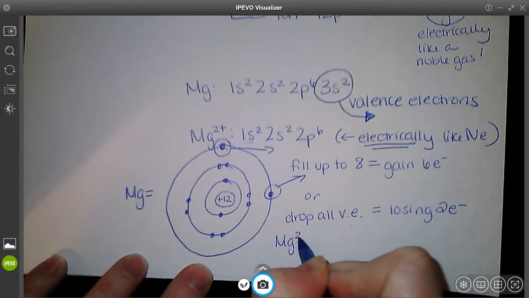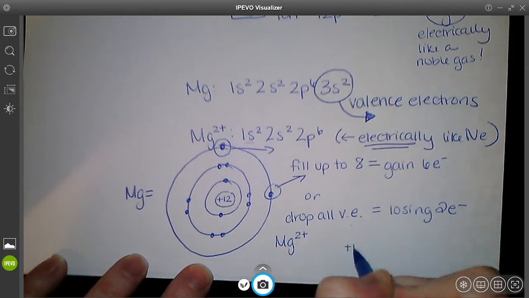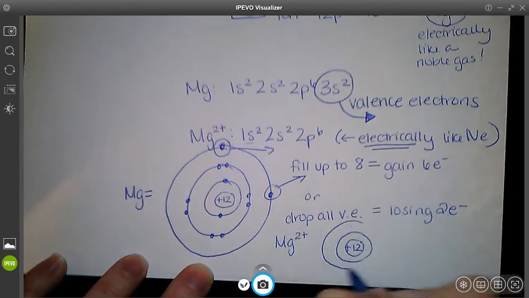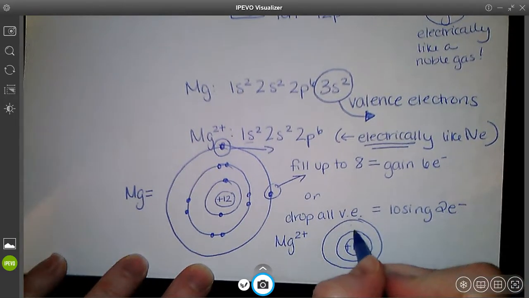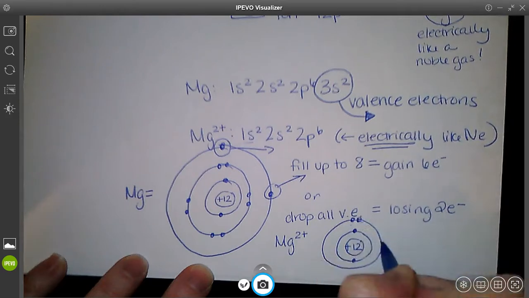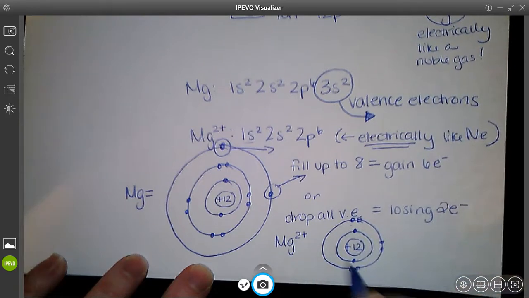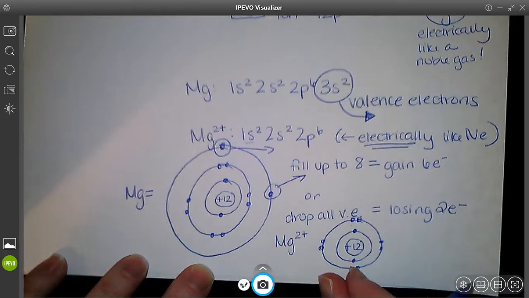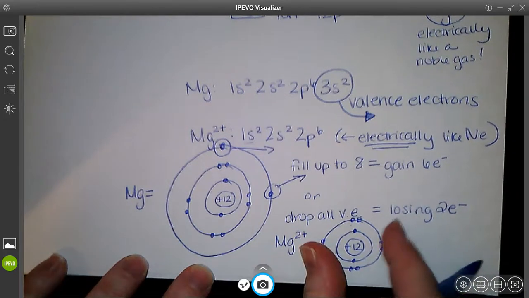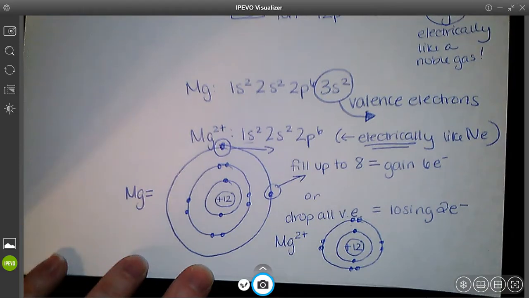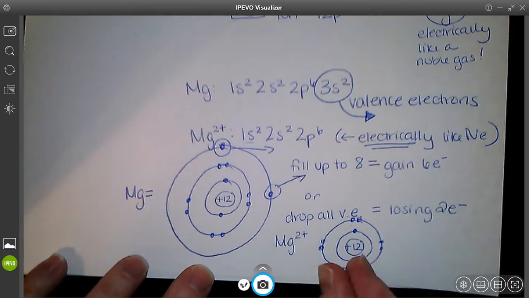So Mg2+ is going to have that positive 12, and then it's going to have 2 energy levels. So 1, 2, and then the 8. Your atom gets smaller whenever it becomes an ion because those positive 12 are only pulling in 10 electrons now as opposed to 12, so everything gets a little smaller.